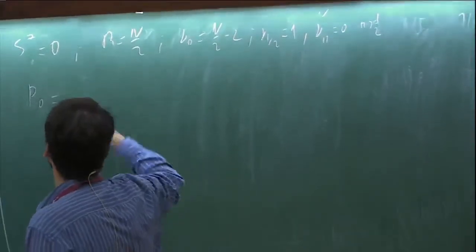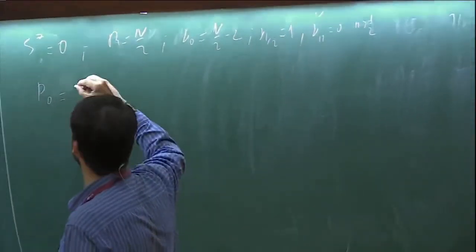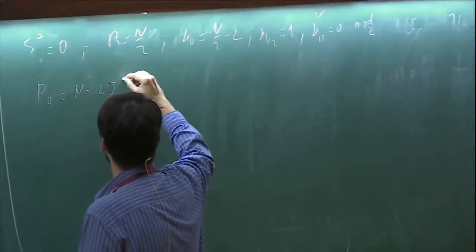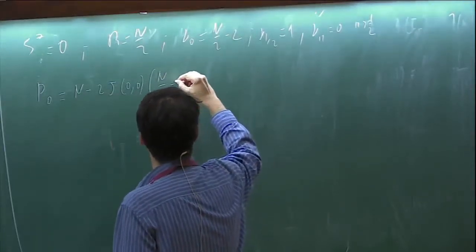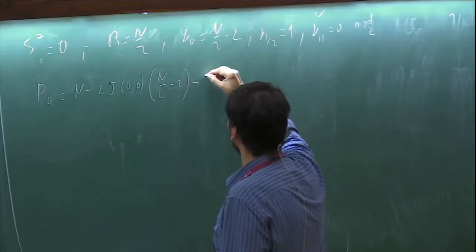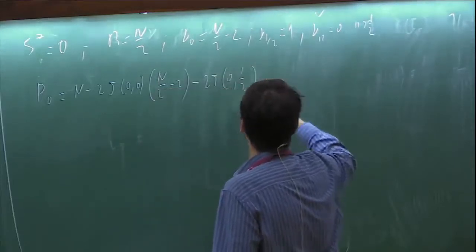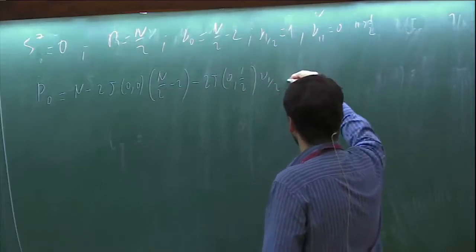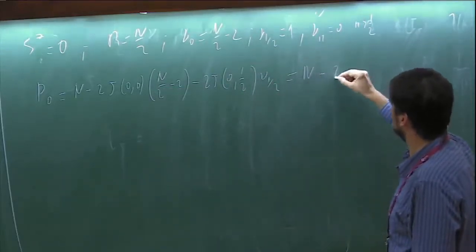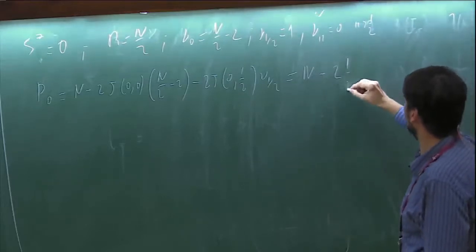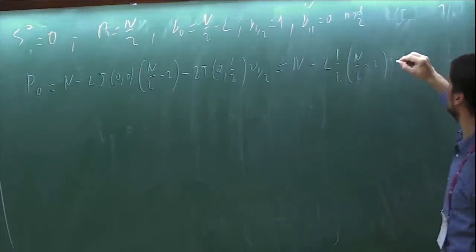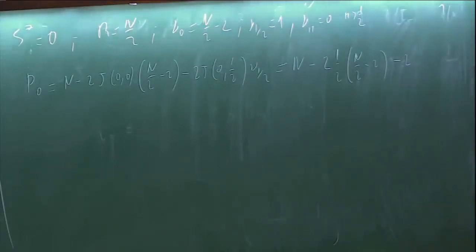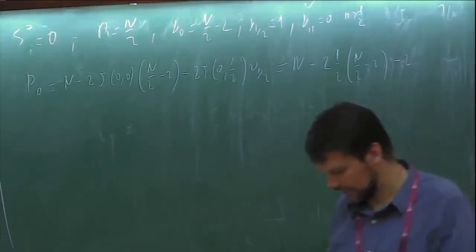So in this case, P0 is equal to n minus 2 j 0 0 times n over 2 minus 2, minus 2 j 0 1/2 times nu 1/2. So this is n minus 2 times 1/2 n over 2 minus 2 minus 2, and there is a mistake there.